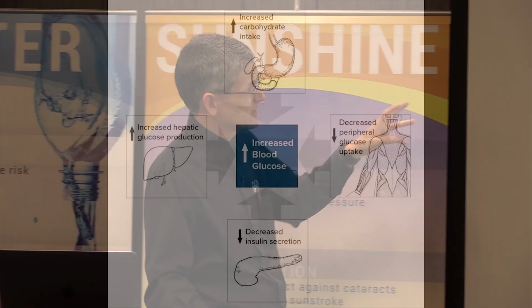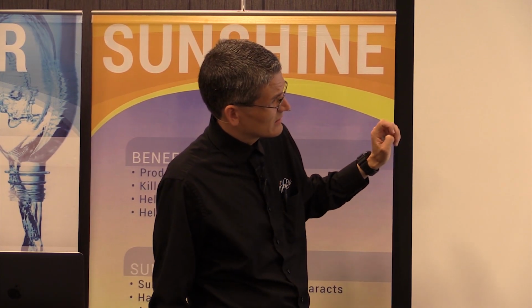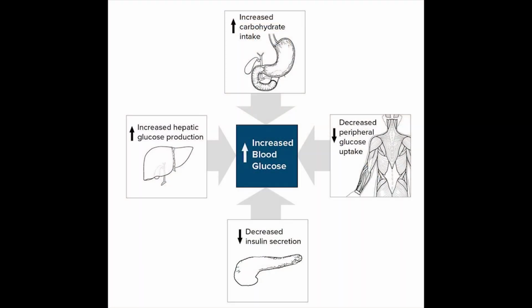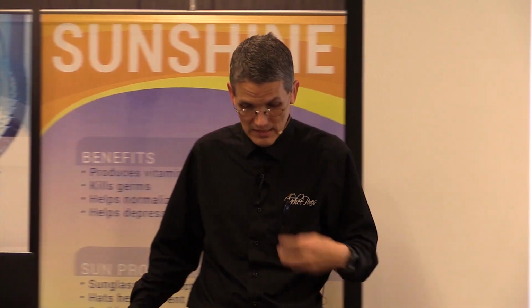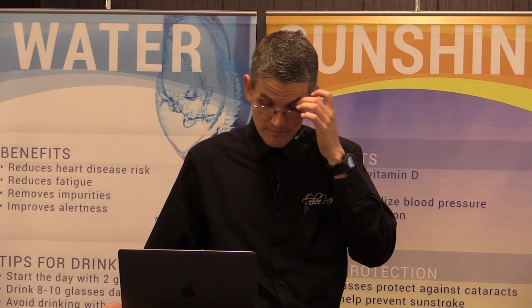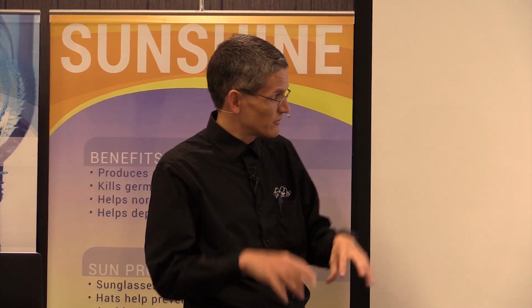And you have increased production of glucose in the liver, and you have increased blood glucose, and your pancreas progressively is producing less and less insulin because it's becoming more and more damaged, and your cells don't take up the glucose because you have resistance to the insulin. And instead of helping that glucose into the cells, you have to have more and more of it in order to try to get that glucose into the cells, and hence the blood sugar levels down.